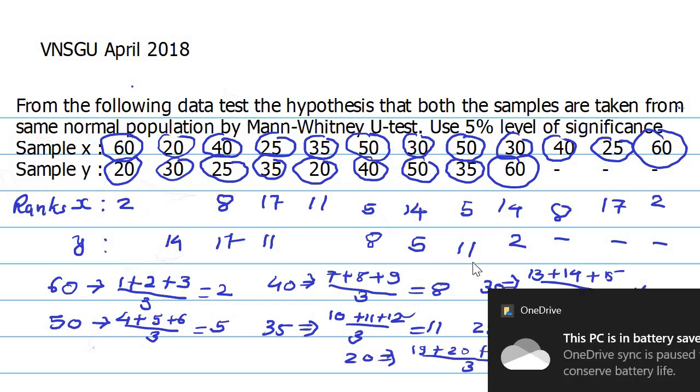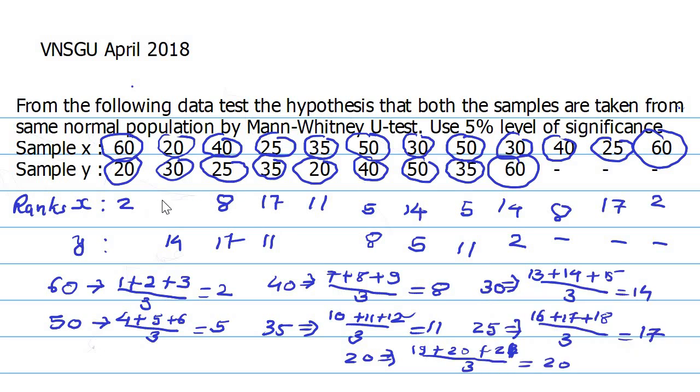So 20 is given to here 20, 20 and 20. So in this way I assigned ranks to the observations.